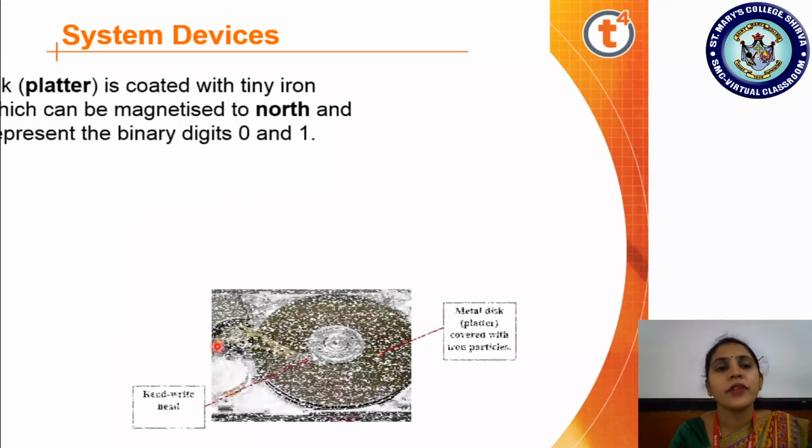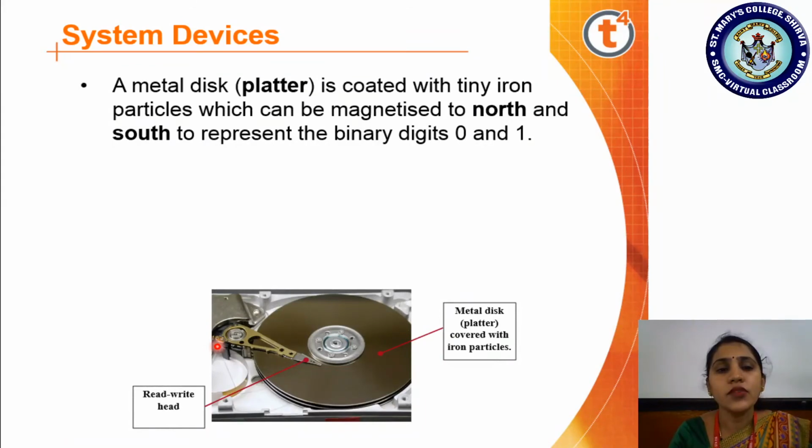Okay, so just check here. This is a metal disc, for your understanding. We have shown the disc, the secondary storage device. A metal disc, or platter as we call it, is coated with which particles? Iron particles, which can be magnetized to north and south to represent the binary digits 0 and 1.